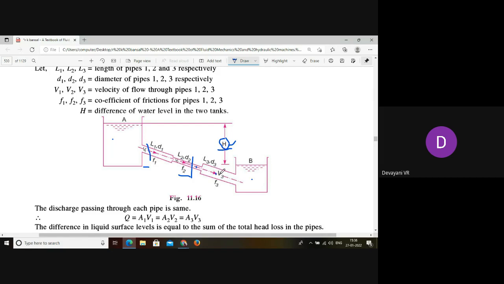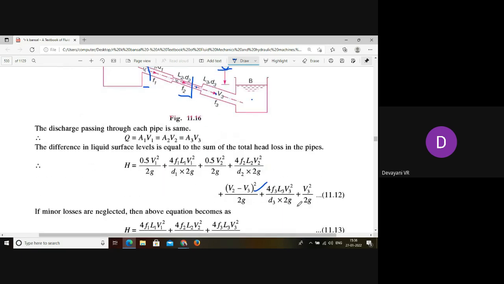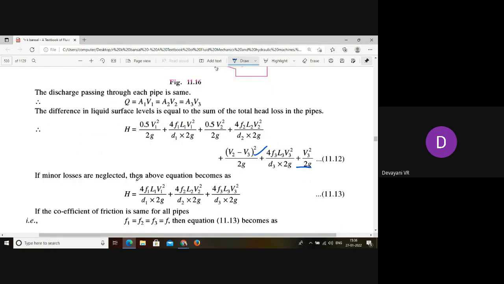Then in the third pipe, the pipe was enlarged, so the head losses are head loss due to enlargement plus head loss due to friction. And finally, the loss occurs at the exit of the pipe, which will be V3 square by 2g. So these are the different losses we can face along the pipe.